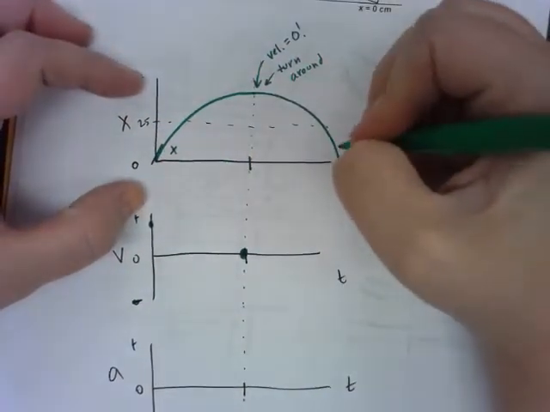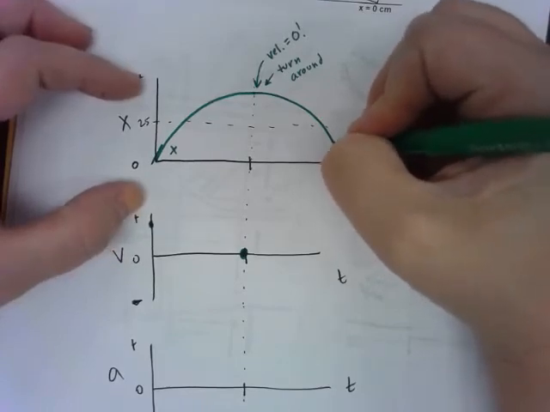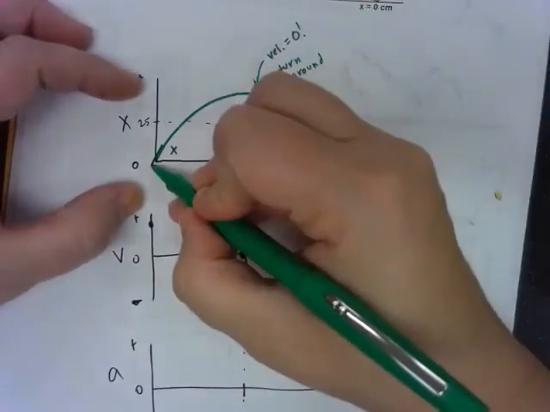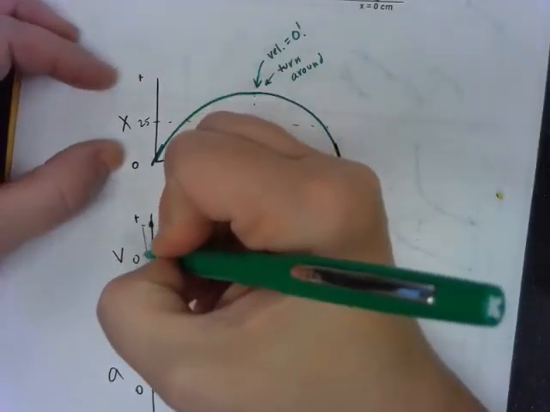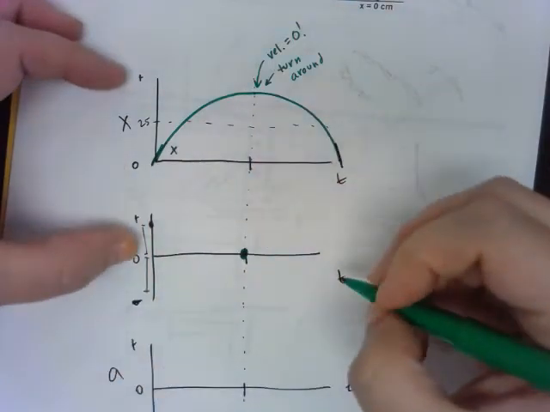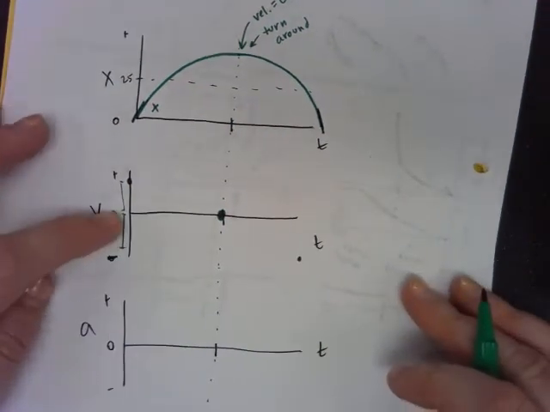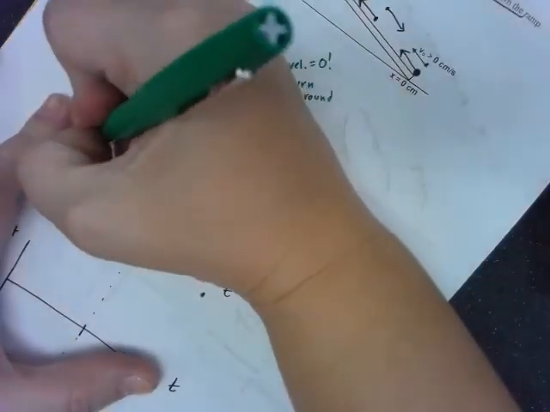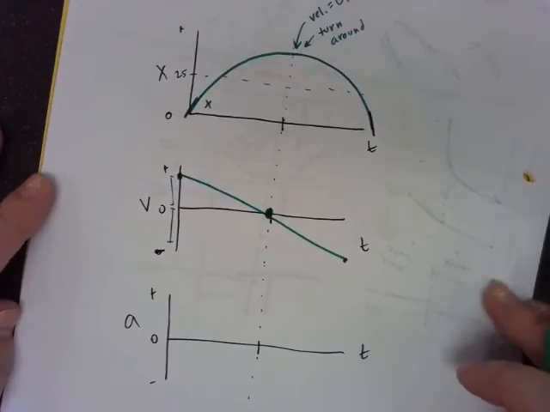And if I did a better job of sketching this and we had actual data, we would see that at the end, the magnitude here is the same as the magnitude here. It's just different in sign. So I'm going to try to come up with a similar distance from 0 and put that on my other end. So it turns out that your velocity versus time graph has a constant negative slope.